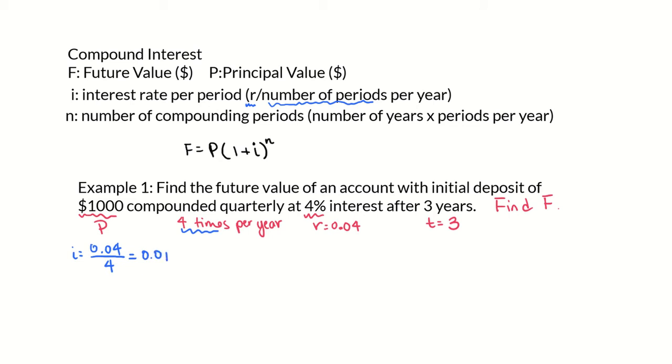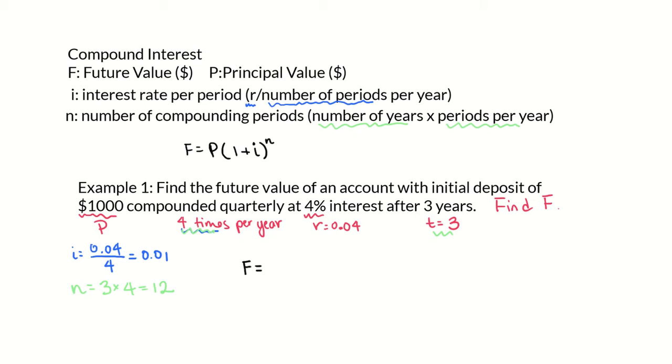Now we find N. N is the number of compounding periods total, which is the number of years multiplied by the periods per year. So the number of years is 3. We multiply that by the number of periods per year, which is 4, to get N equals 12. Then we have all of the components that are needed for the compound interest formula.